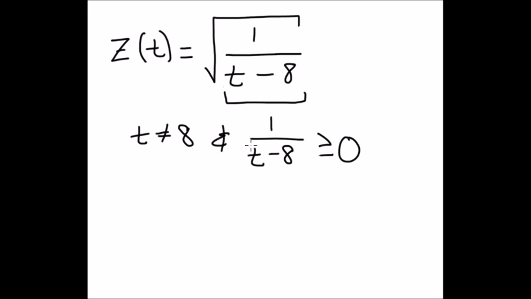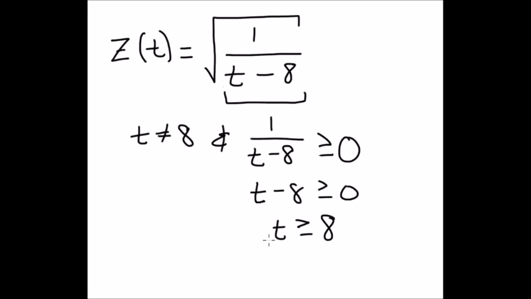Hopefully you can see that this term 1 over t minus 8 will be non-negative when t minus 8 is positive, and so that is simply where t is greater than or equal to 8. Now I want you to notice something.